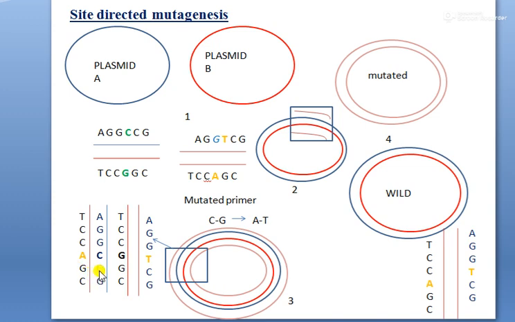And the others are the same: C is attached with G, G binds with C, and another C also with G, and this G also with C. So look at this picture carefully.